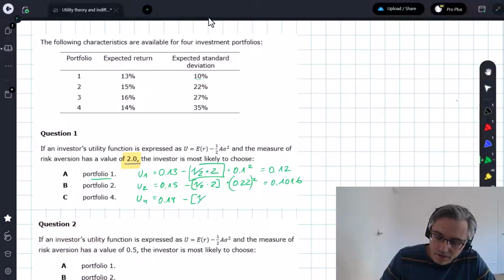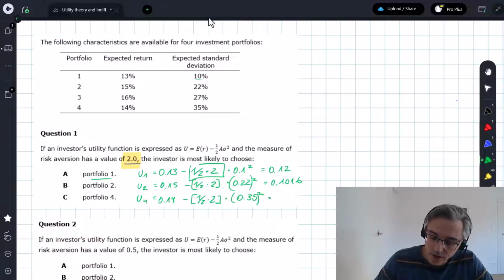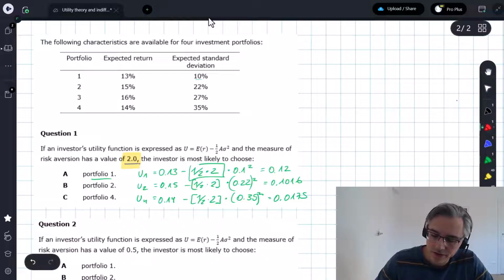But let's just quickly do it for the sake of comprehensively solving this problem and not guessing, writing out the data like this. Let's have a look. 0.14 minus 0.35 squared equals, right, I get 0.0175, so that's definitely the lowest.